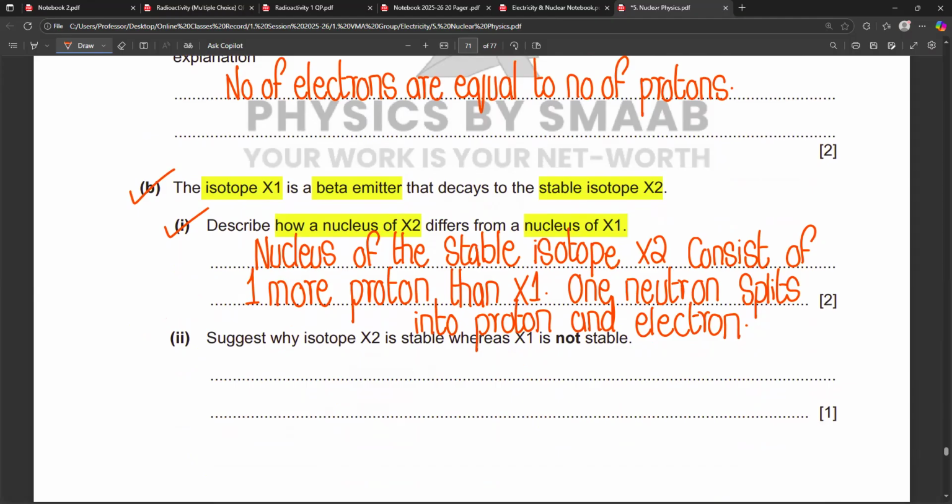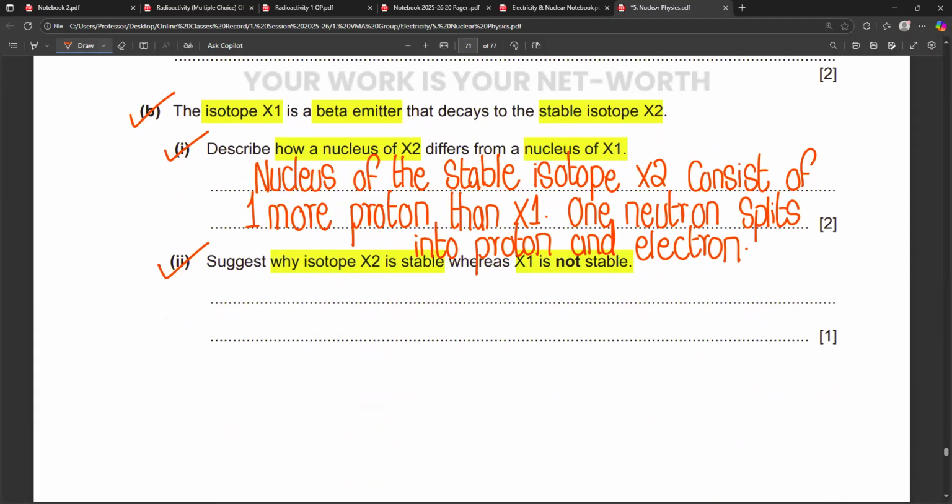And suggest why X2 is stable whereas X1 is not stable. So any reason in your mind why X2 is more stable than X1?